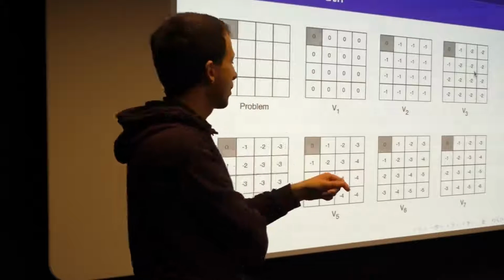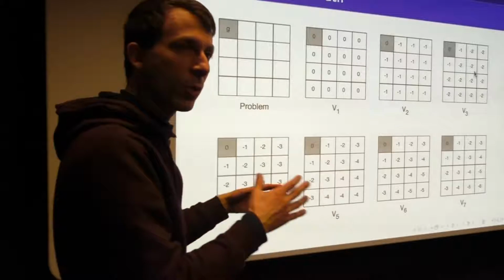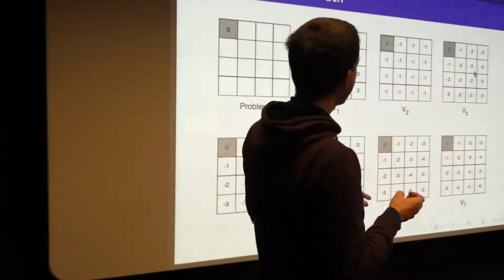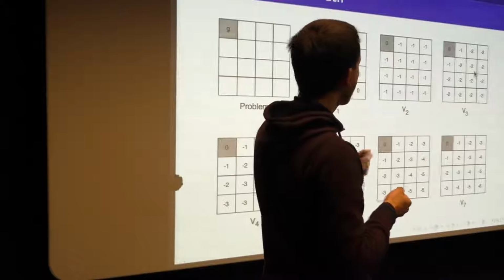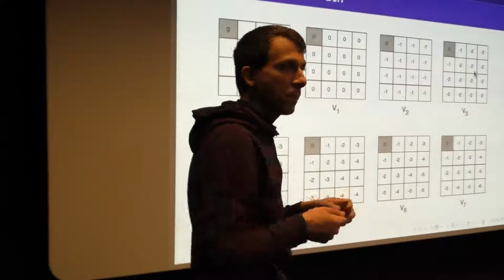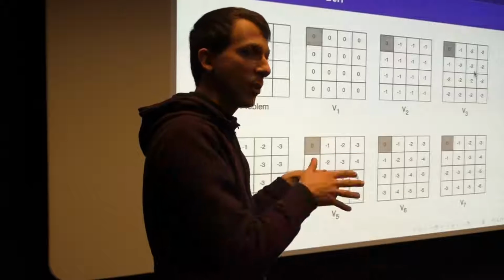Okay, so it's a great question. The question was, here we see the values getting smaller and smaller. The theorem showed us that the value of a policy is getting bigger and bigger. So first of all, that was policy iteration, not value iteration.